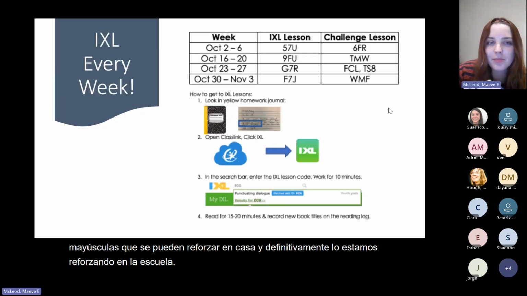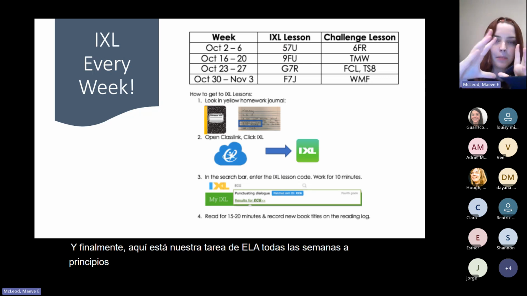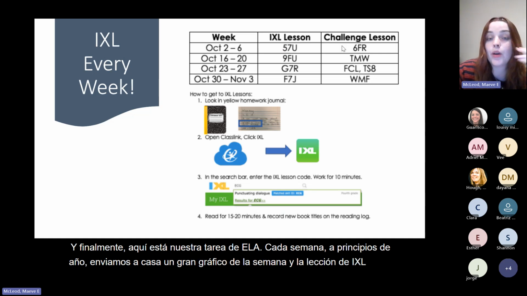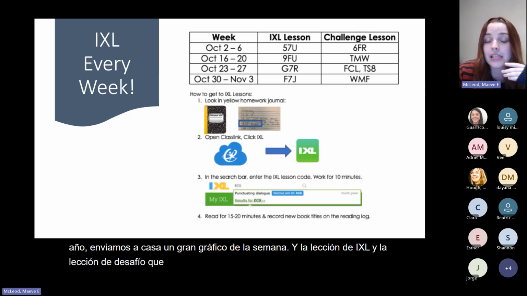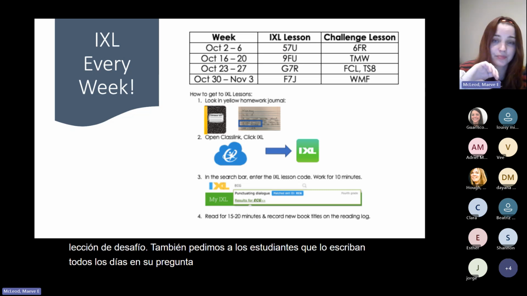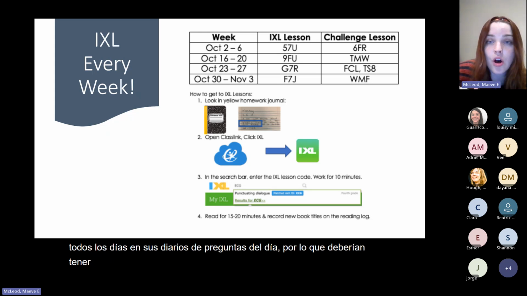And finally, here is our ELA homework every week. At the beginning of the year, we send home a big old chart of the week and the IXL lesson and the challenge lesson. We also have students write it down every single day in their question of the day journals. So they should be having a code written there and they bring that journal home.